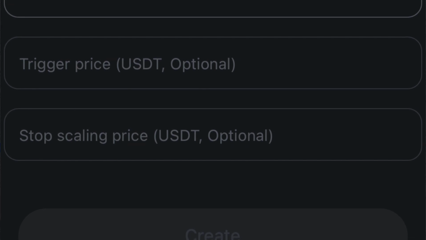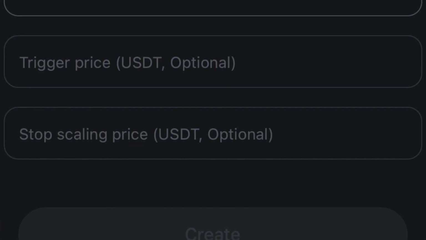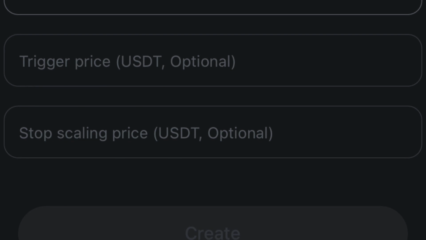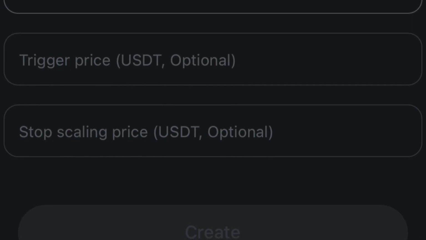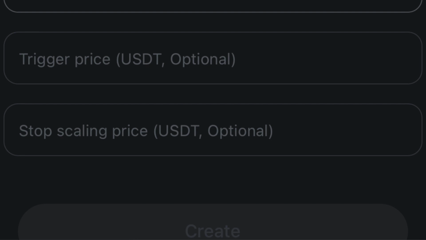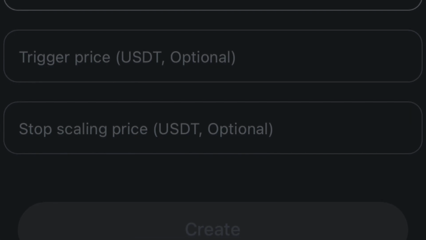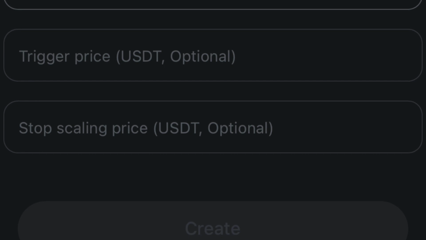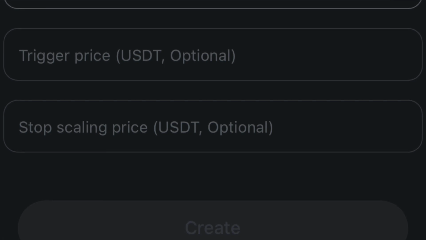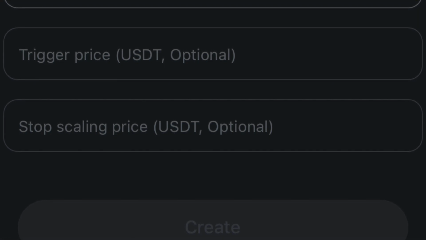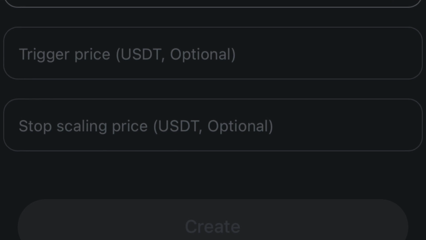Well, you don't want to take profit and then have your Martingale bot buy at the very top and start buying all the way down as it falls. So that's to help prevent sudden skyrockets and sudden falls at the same time.